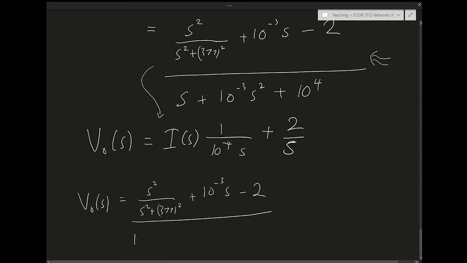Start with the highest order: 10 to the minus 3 S squared plus S plus 10 to the power 4, right, times 1 over 10 to the minus 4 S plus 2 over S.